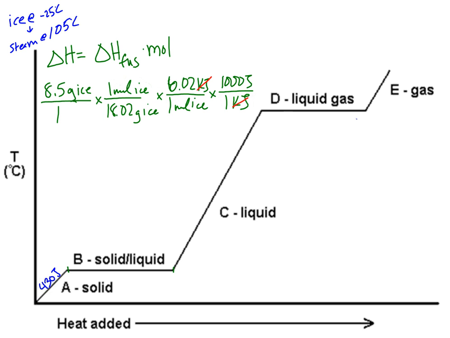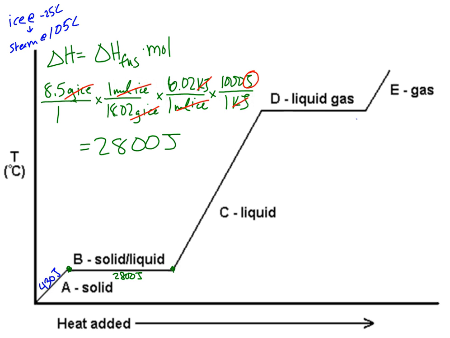So kilojoules cancel out, moles of ice cancel out, grams of ice cancel out. I'm left with joules. My answer is going to be 2,800 joules, which means from point B here to point B here, that's going to be an additional 2,800 joules.